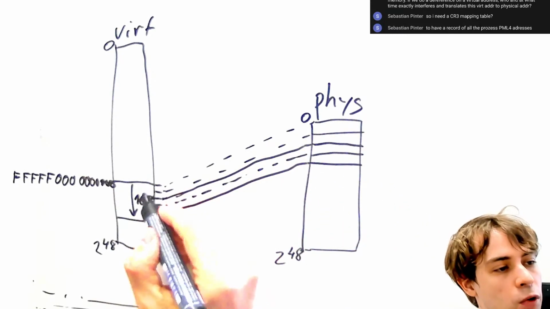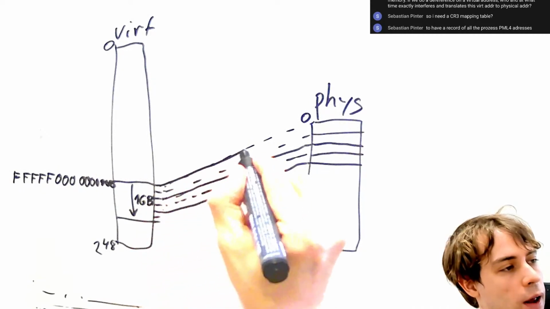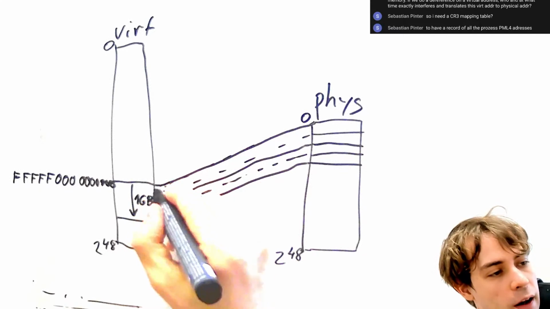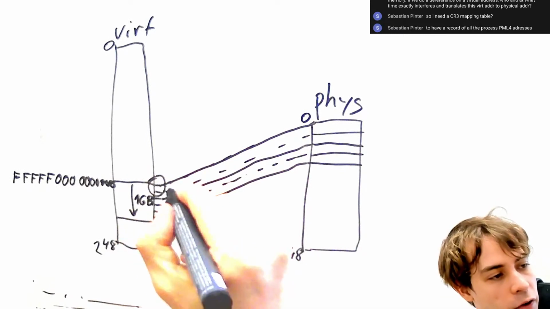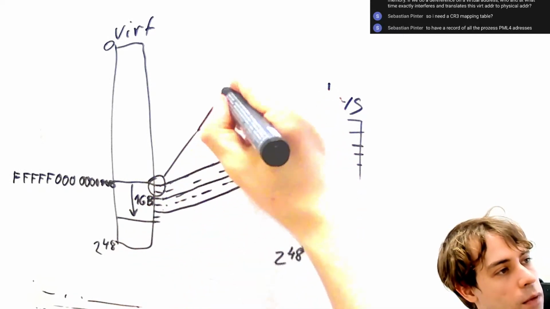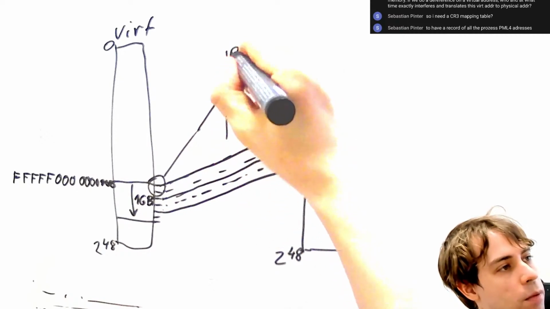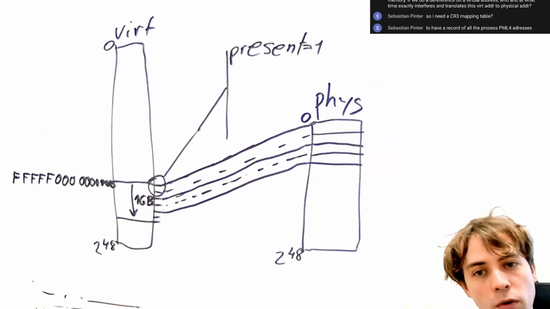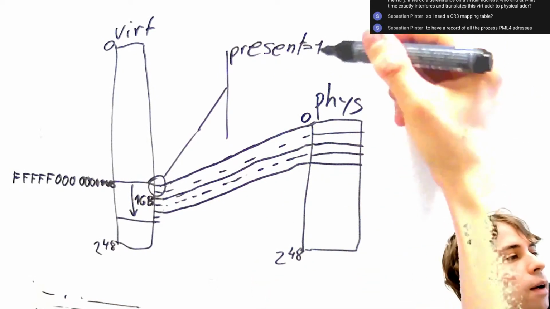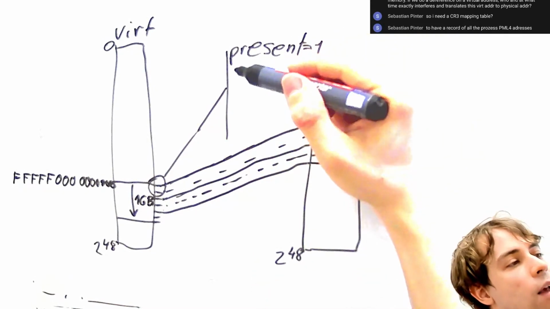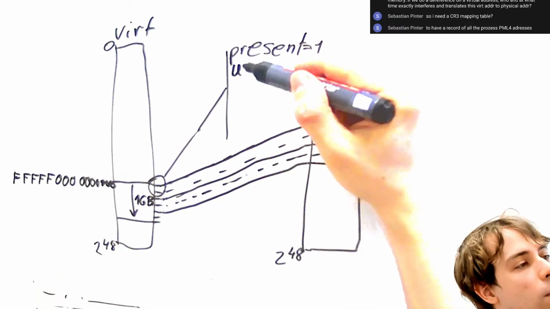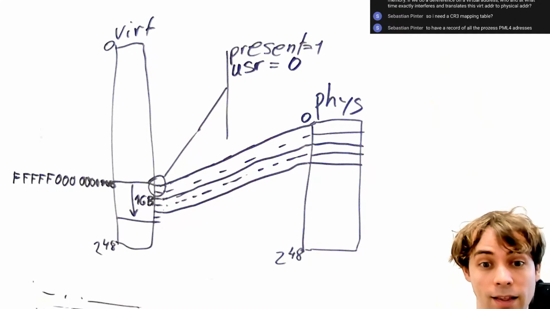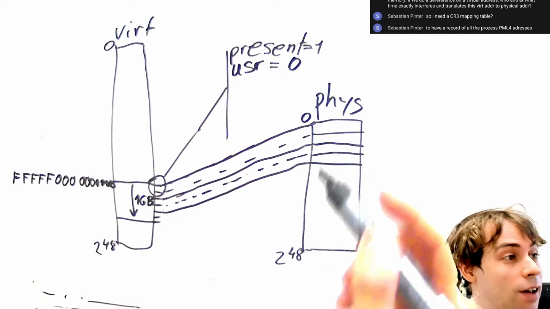You would be able to tell me if I take a look at this first entry here. Present bit. Is it present? Yes, it's present because we are able to access it. Then let's take a look at the user bit. Is it user accessible? No, because if the user could access this, the user could access any physical memory location.